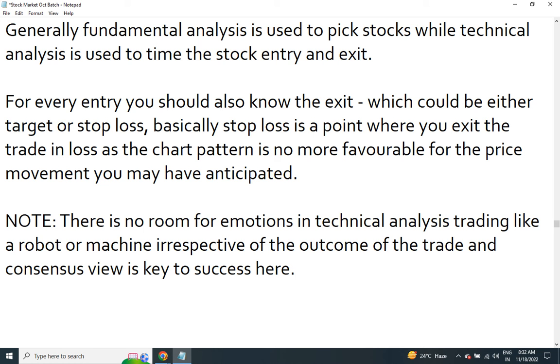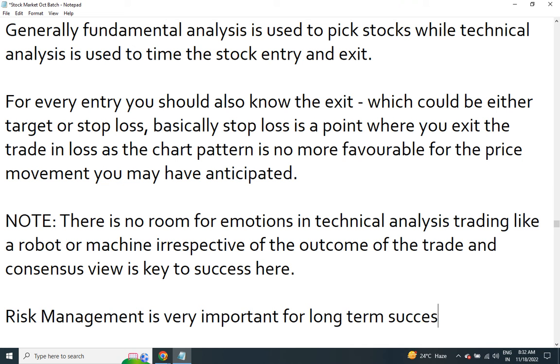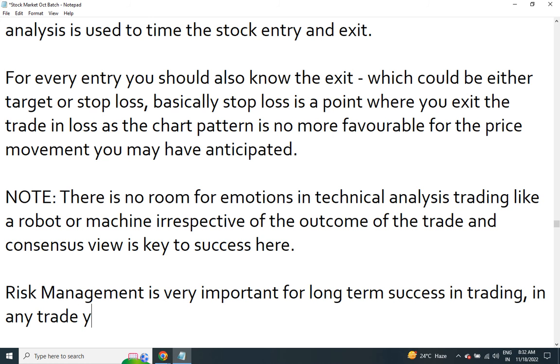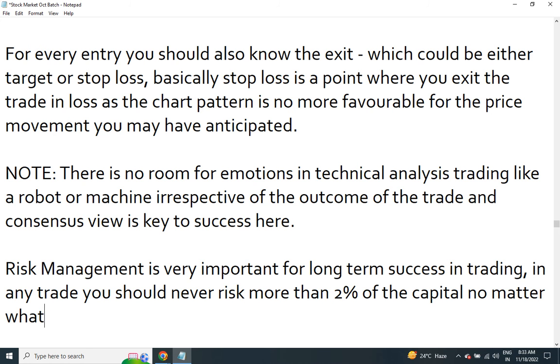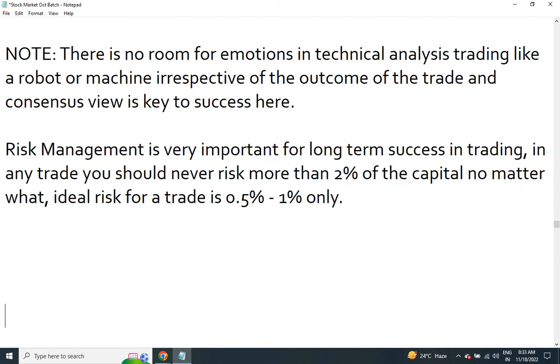Risk management is very, very important in technical analysis. Next important point. Write it down.